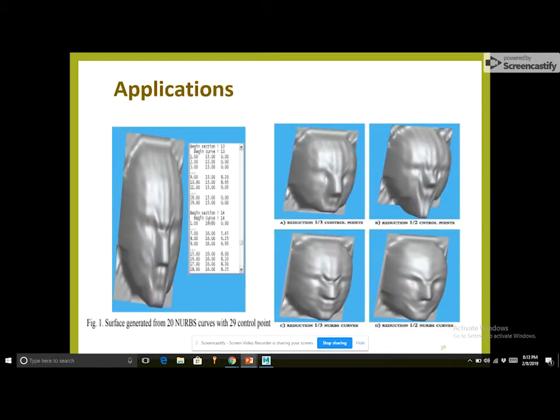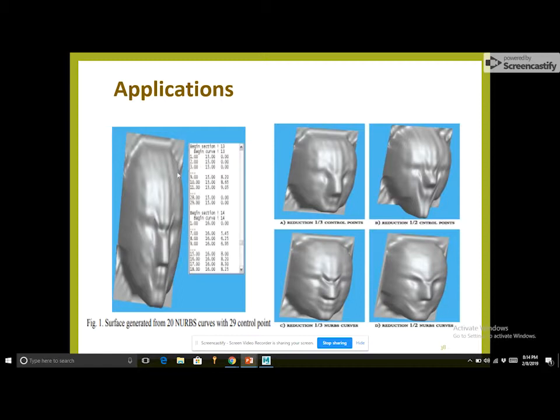So now we have some applications and design examples here. In this application, they have tried to apply NURBS curves and surfaces in a CAD system. So in this image, they created the human face using 20 NURBS curves and 29 control points.